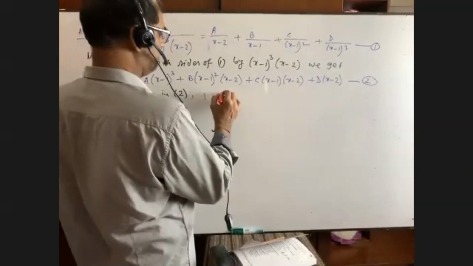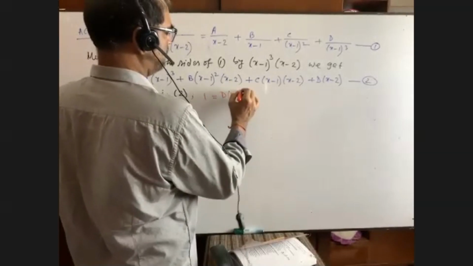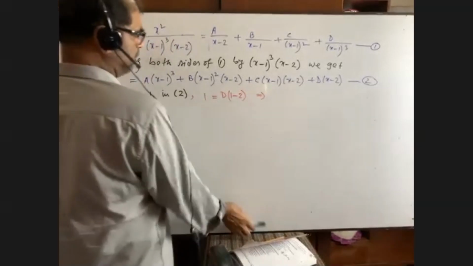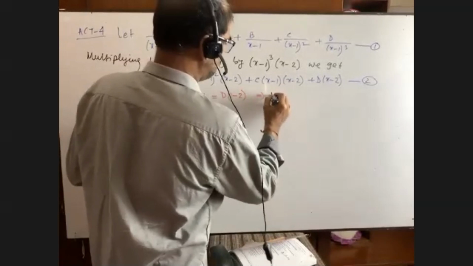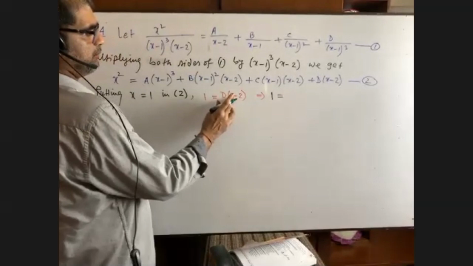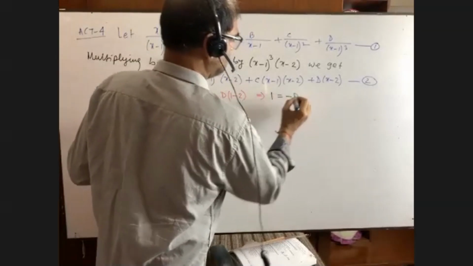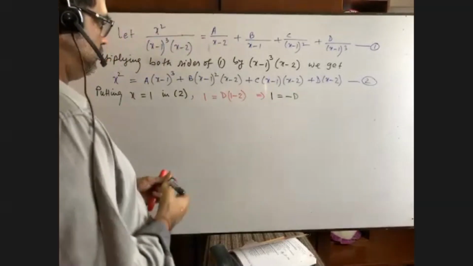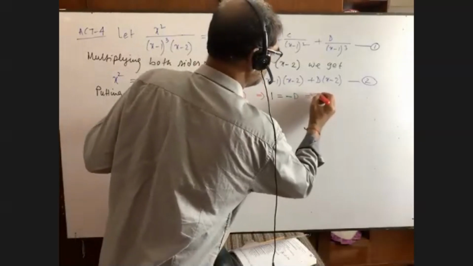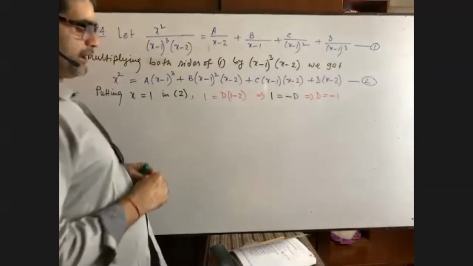So we can write D into 1 minus 2, which implies that 1 is equal to minus D. That means we are getting the value of D as minus 1. Is it okay?